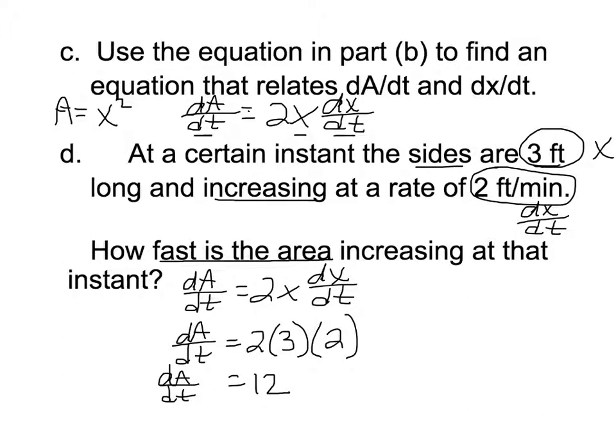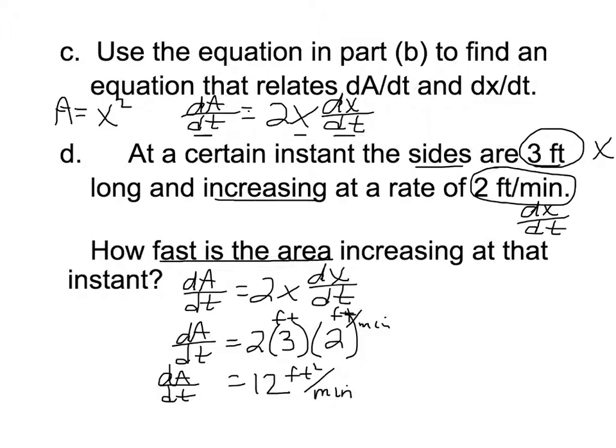And what are the units? Well, this 3 was feet, and this was feet per minute. If I multiply those, I've got feet squared per minute, which is what we would expect, since area changes in square units.